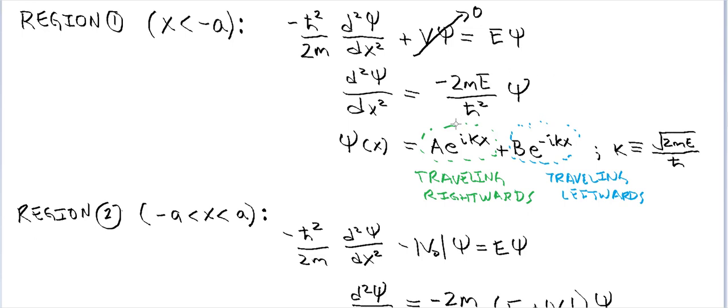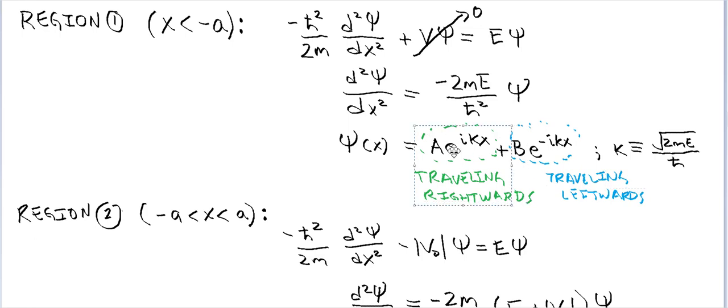And so this time we get psi of x is equal to A e to the ikx plus B e to the minus ikx, where again k is the square root of 2mE over h bar squared, or in the numerator square root of 2mE and the denominator h bar.